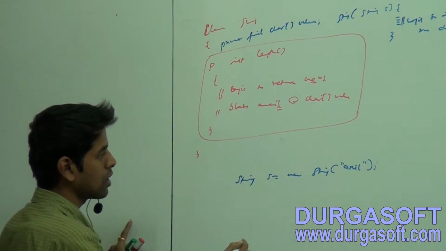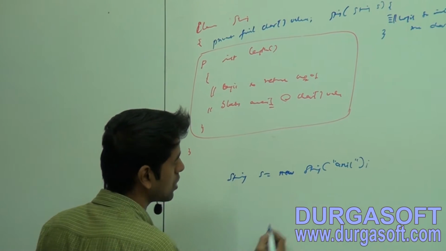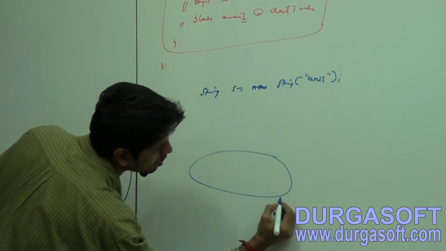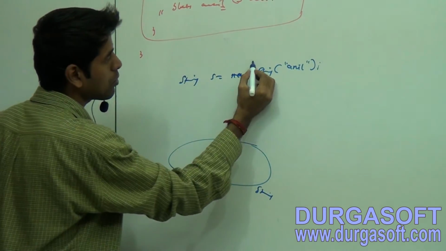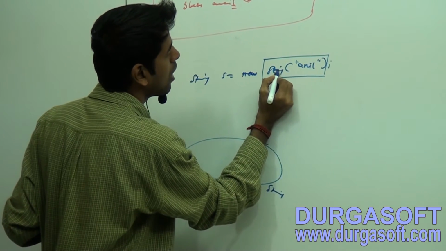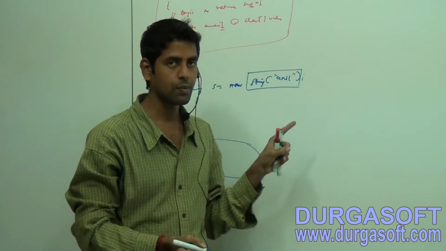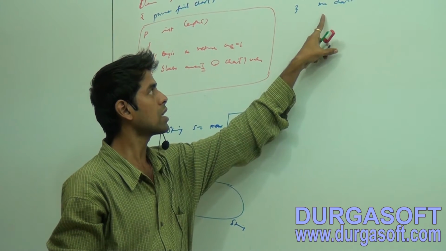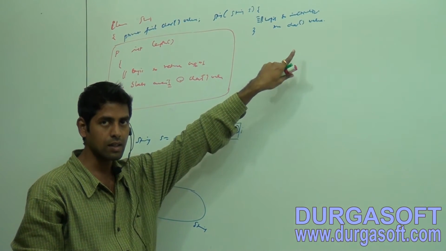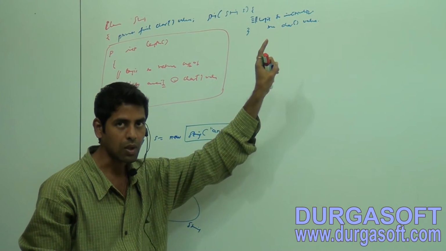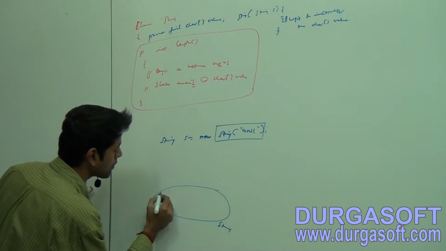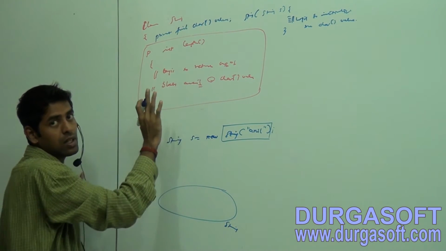Now observe what happens because of this statement. There is one String object, and now I am calling the String class constructor having a String argument. This constructor will execute, and it has logic to initialize the char array.